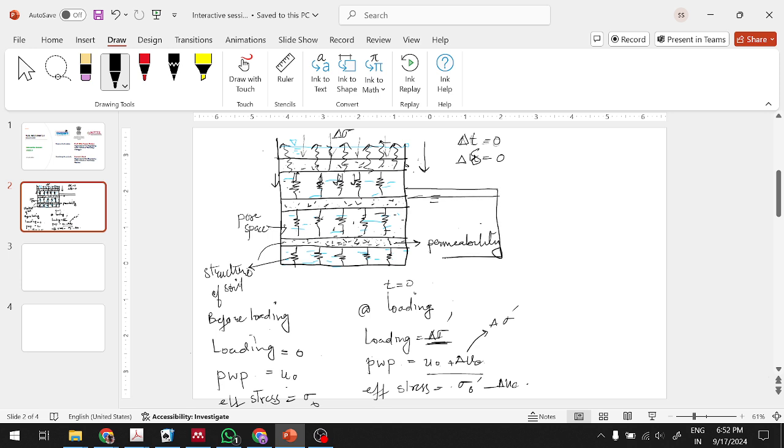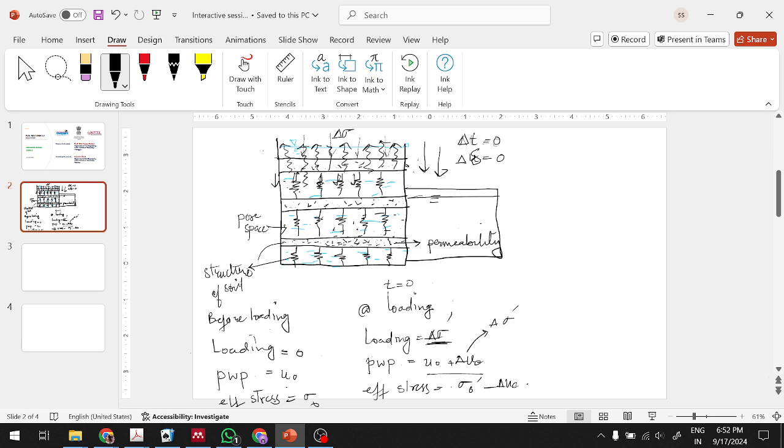Now the height will be reduced. Consolidation is taking place by the escape of water through the pores and reduction in the pore space.